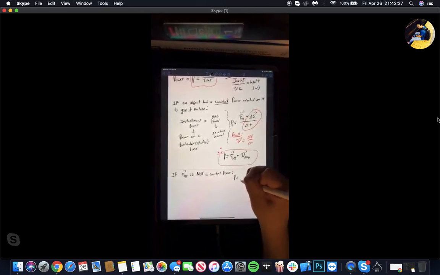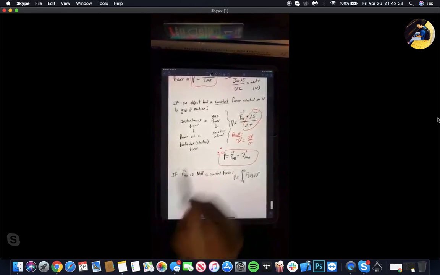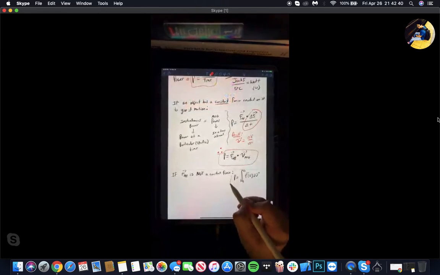P equals the integral from V initial to V final of F of V dV. That's your integral.